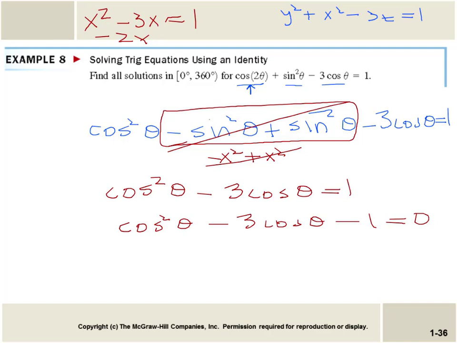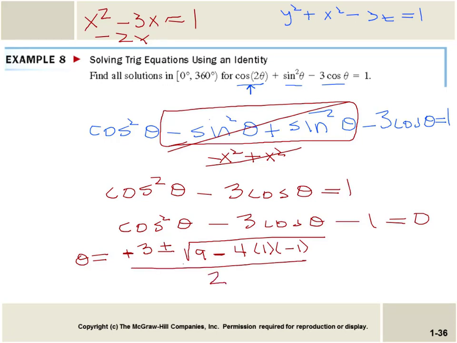So I would say theta is equal to negative b, so it'll be plus 3, plus or minus the square root of b squared minus 4ac, all over 2a, right? So it equals 3 plus or minus the square root of 13 over 2, and then I just solve.